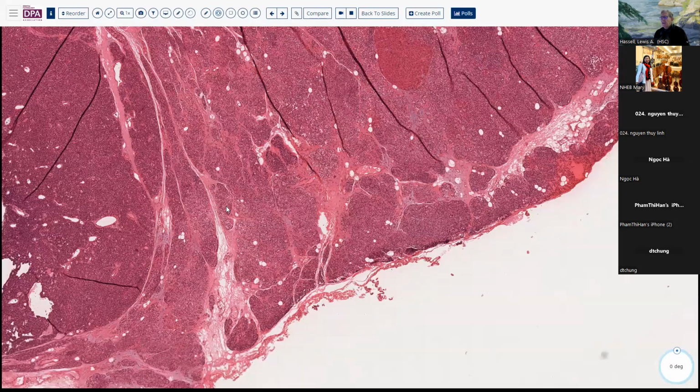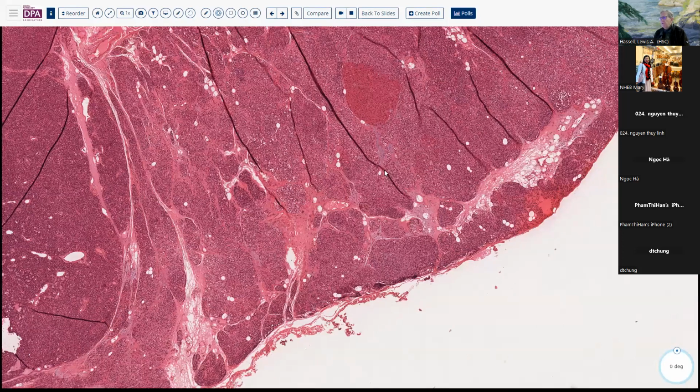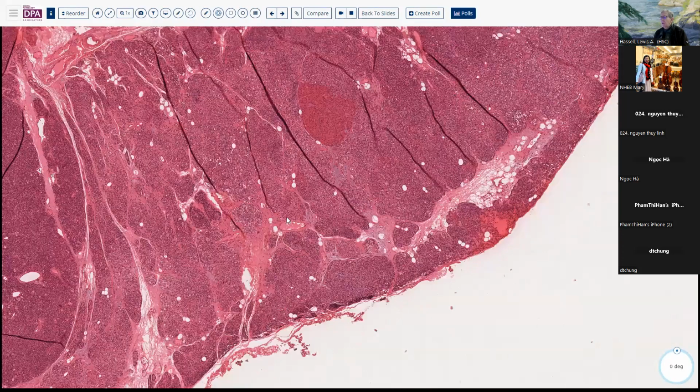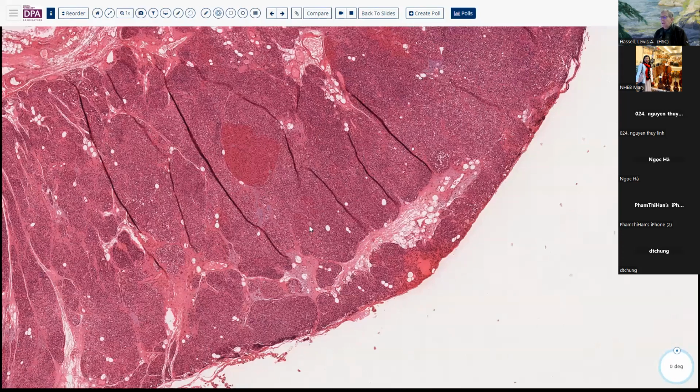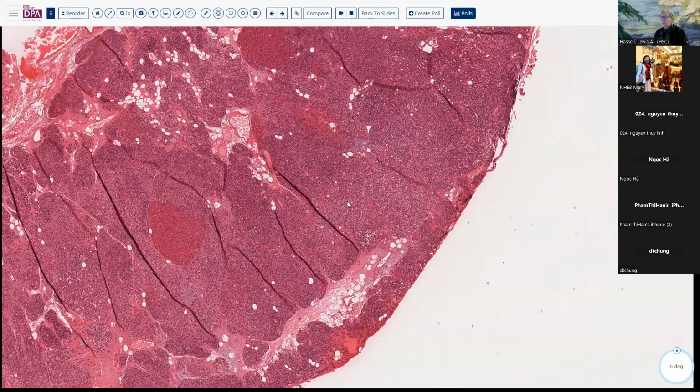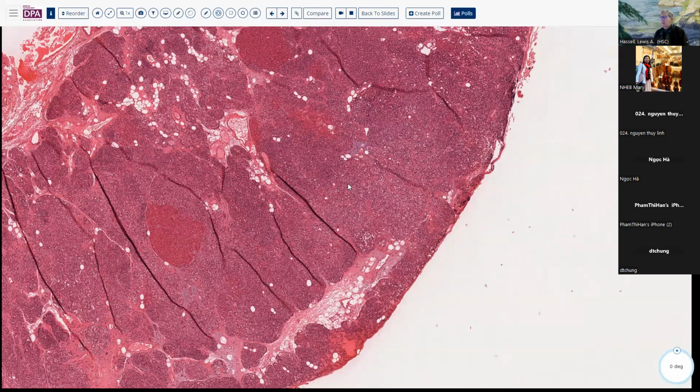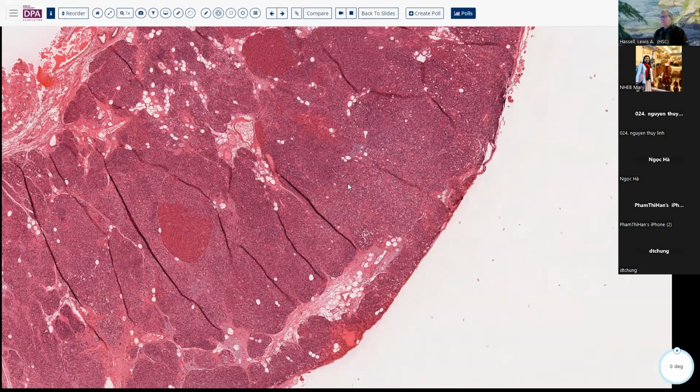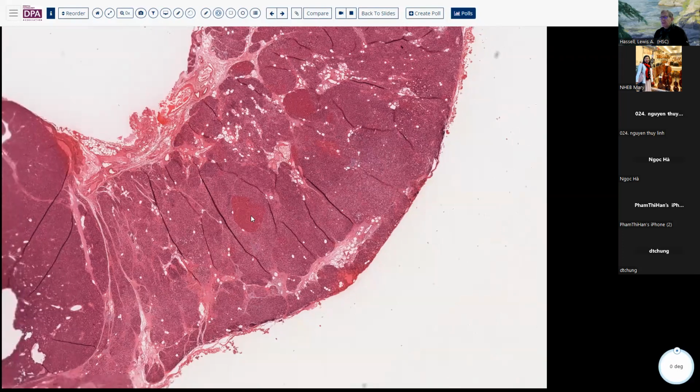In that setting, they usually would remove 3 or 3.5 glands, leaving some parathyroid tissue behind to try to control that hyperparathyroidism. So surgically or histologically, it's really quite difficult to tell an adenoma from hyperplasia on the basis of a single sample.